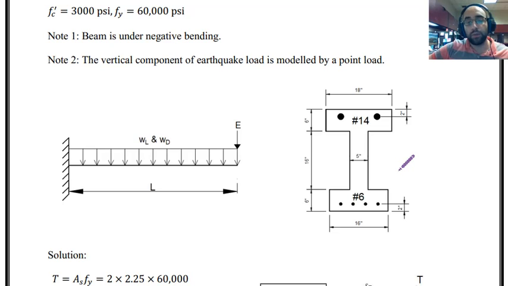One thing that you can do as some practice at home would be to just remove the compression reinforcement and solve the problem again by just considering the tensile reinforcement. This way you can see how removal of compression reinforcement will change the strength of the section, and then you can work again on the load combinations.